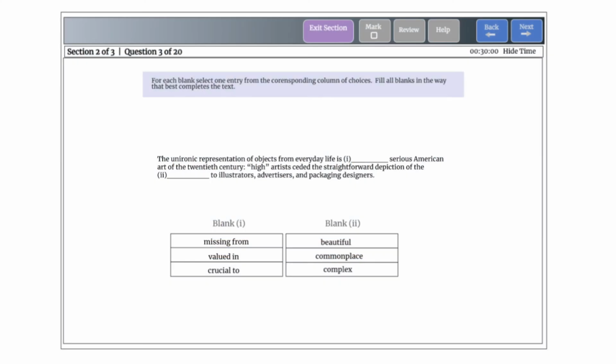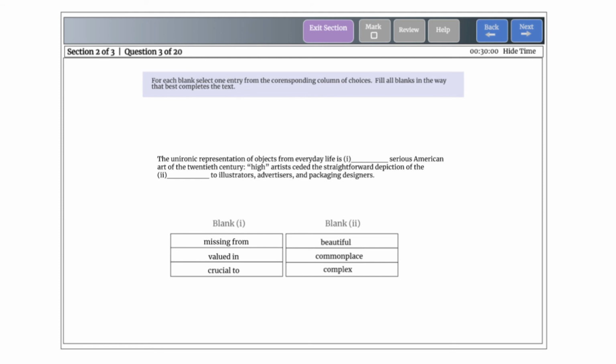If you think back to this question from our first set, that first blank: the unironic representations of objects from everyday life is blank serious American art of the 20th century. So maybe when you were working through this, you just had no idea, right? Unironic representations, what does that even mean? I don't even know, but it's probably important, right? And maybe that's what you're thinking.